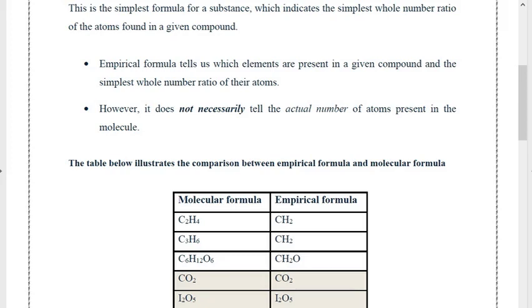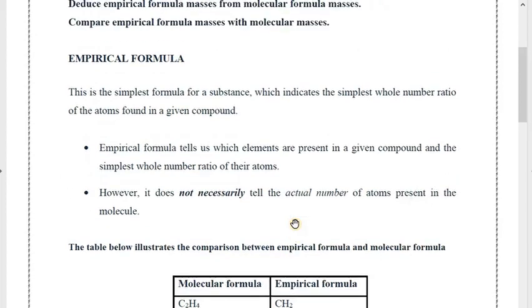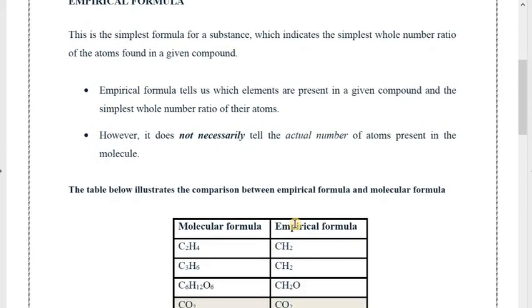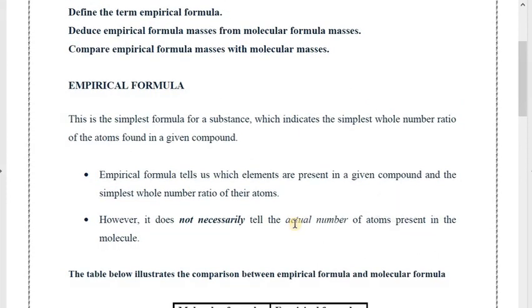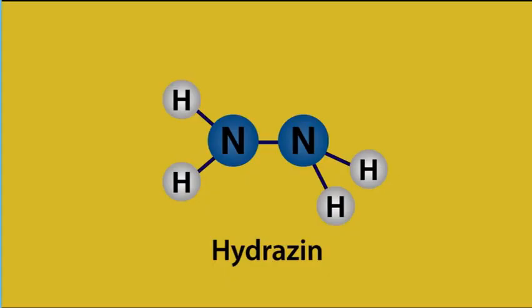If I look quickly at the empirical formula CH2 and then C2H4, just from CH2, which is the simplest formula, you can't know the actual number of atoms in the compound. But I think it's important that we watch a short video that explains rather clearly how to come about this empirical formula. So let's watch.